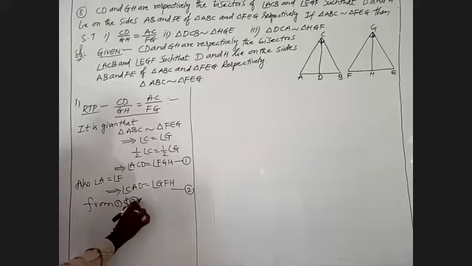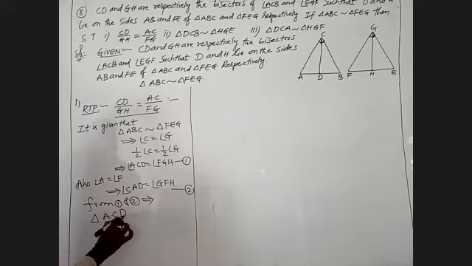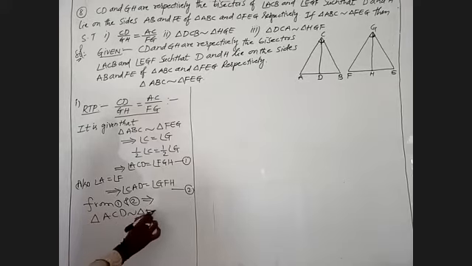From 1 and 2, that implies triangle ACD is similar to triangle FGH.